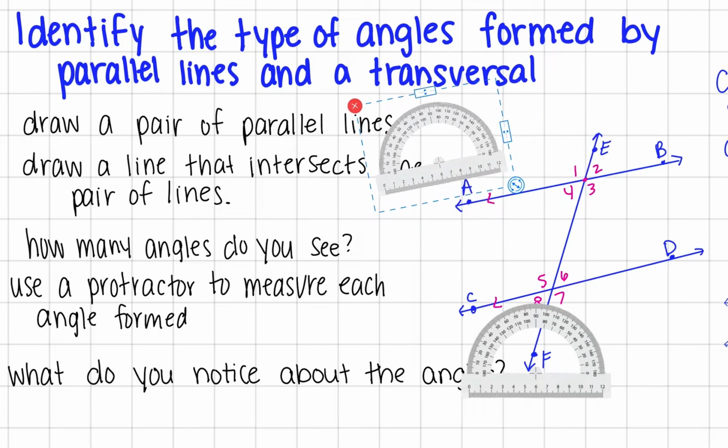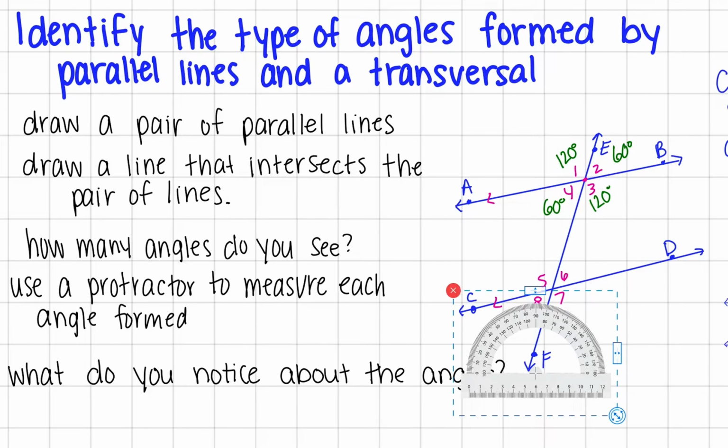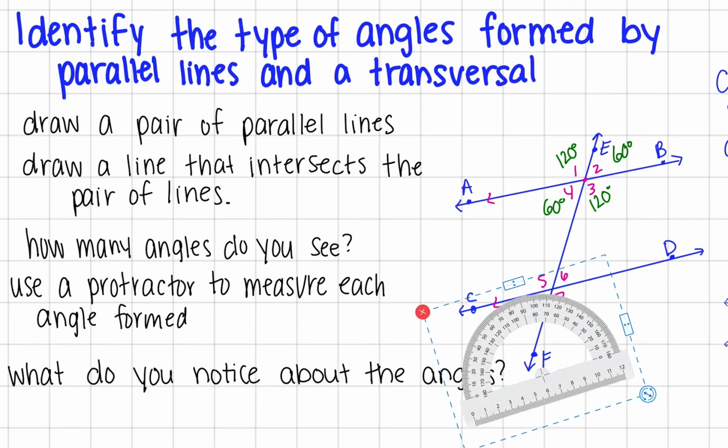If angle 2 is 60 degrees, angle 1 is 120 degrees. And if angle 2 is 60 degrees, angle 4 is also 60 degrees because of vertical angles. And angle 3 is 120 because of vertical angles. Then I'm going to come down here and do the same thing.